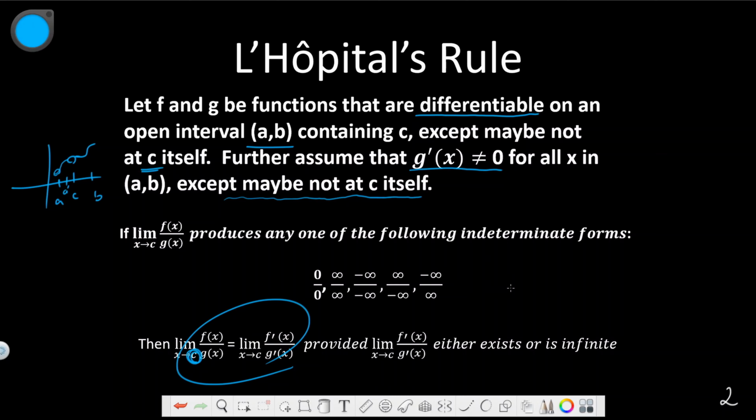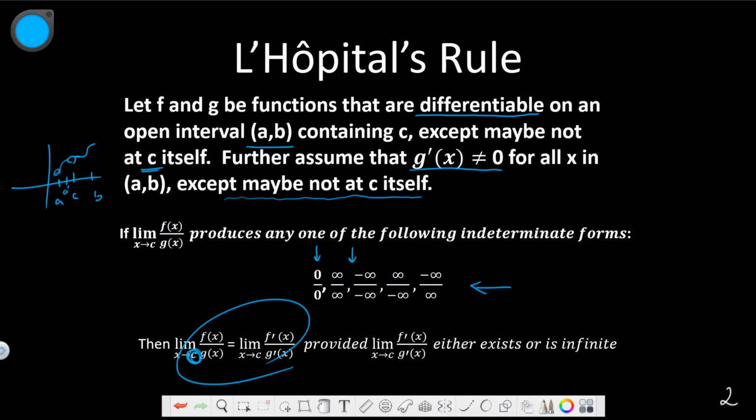This statement is really important because later in this video, we are going to be applying L'Hopital's rule to problems that don't have any of these forms, and we're going to need to turn them into one of these forms. So this is key. In order to use L'Hopital's rule, we need to be in one of these indeterminate forms. Well, I guess only 2: 0 over 0 or some form of infinity over infinity. This is L'Hopital's rule.